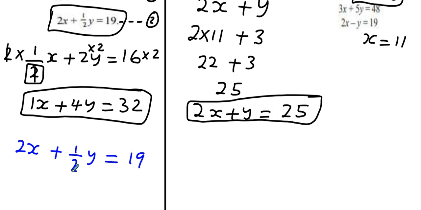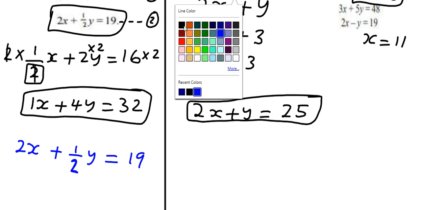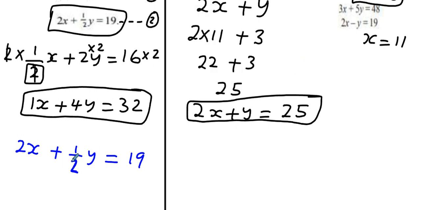Remember what I said? If you want to remove any denominator, take that denominator and multiply by the denominator throughout. So I want to remove this denominator too. What I do, I multiply by 2. You see, this 2 and this 2 will cancel.